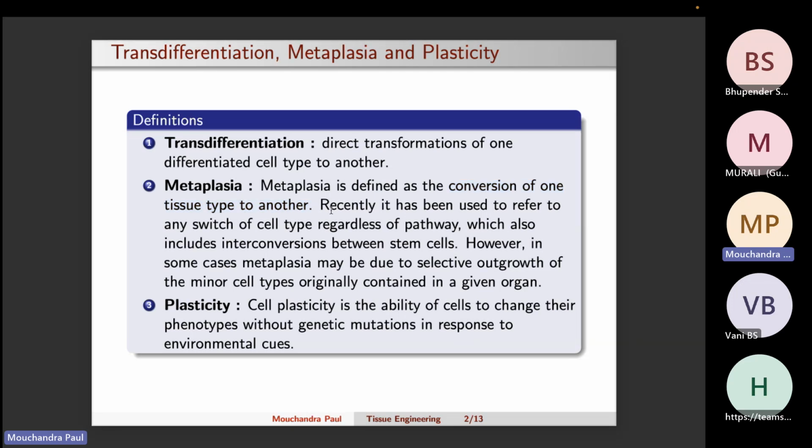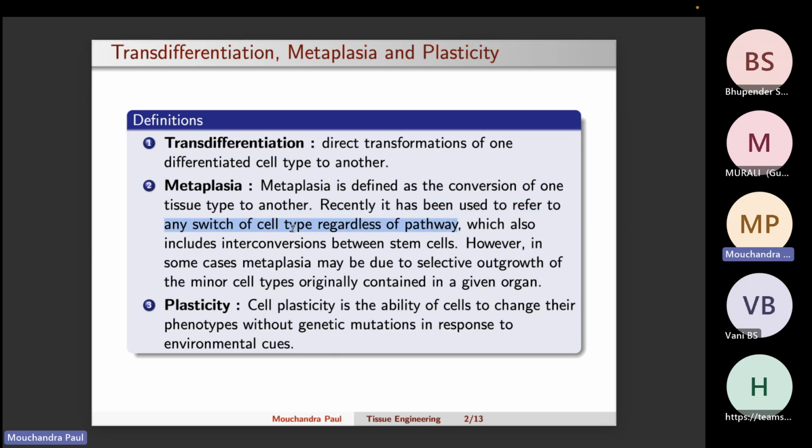Metaplasia doesn't always guarantee the development of cancer, but during the initial stages metaplasia is observed. So it is used to refer to any switch of cell type regardless of pathway.